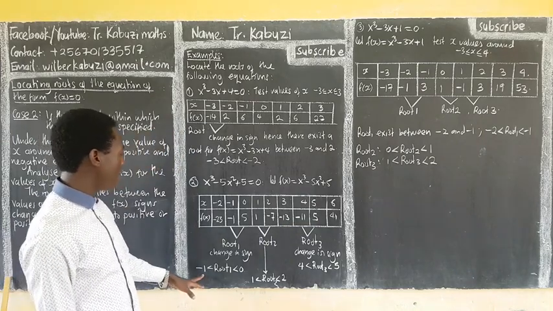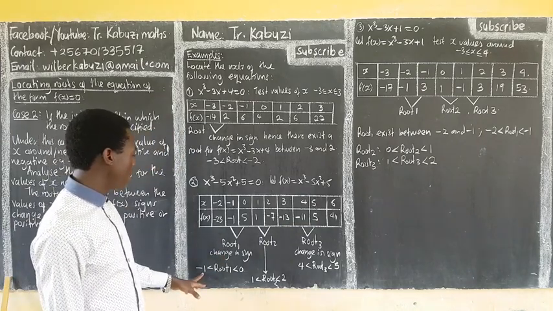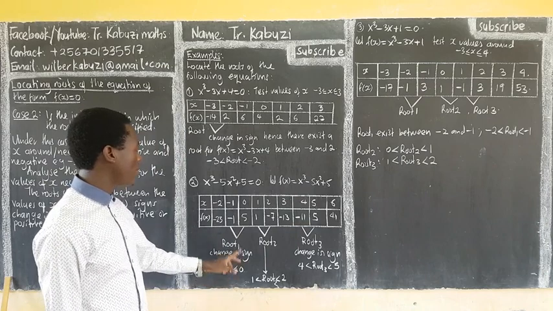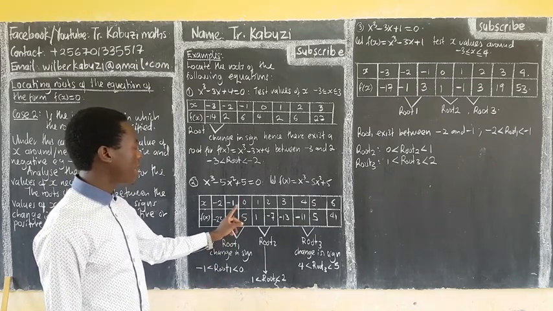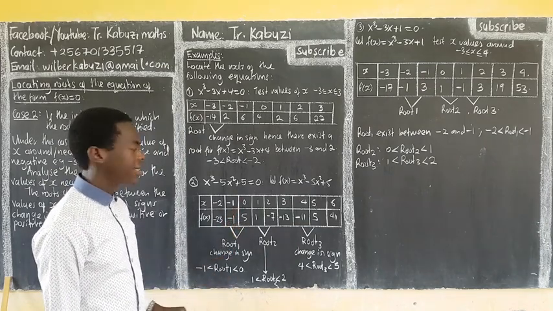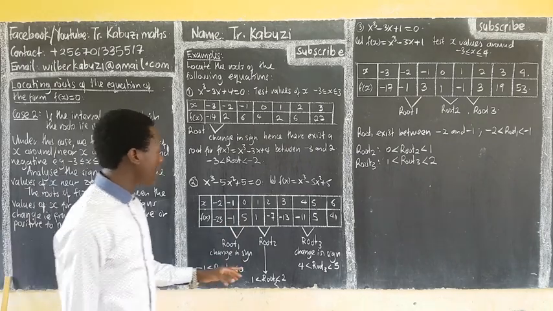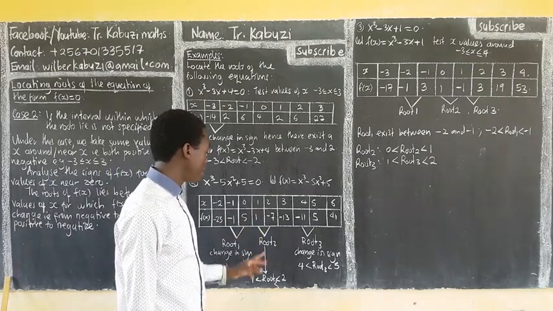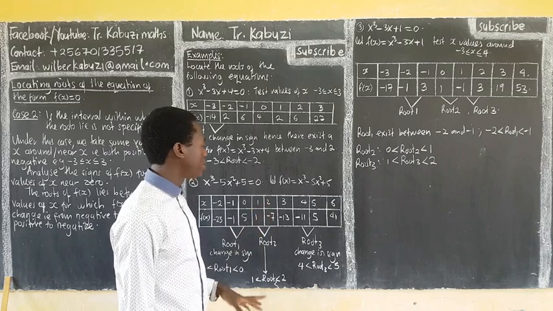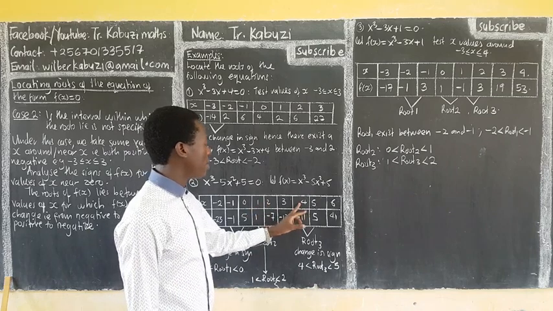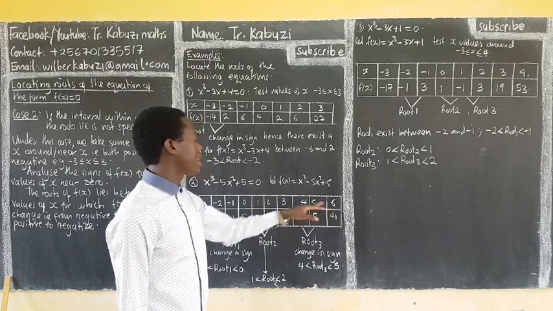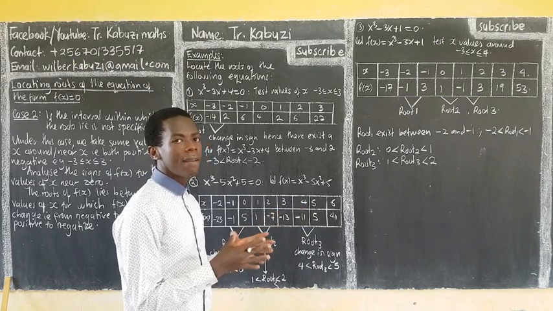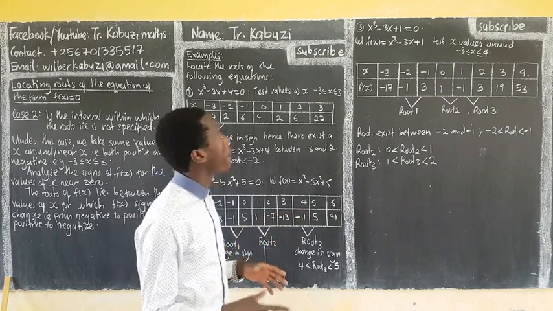So root 1 is going to be between negative 1 and 0, because they are the values of x that gave us these changes. Then root 2 is going to be between 1 and 2. Then root 3 is going to be between 4 and 5. Why am I testing for these values? Because they are very close to 0.